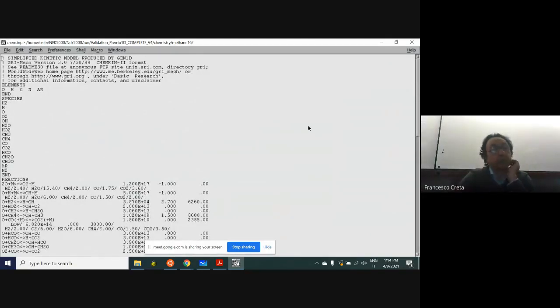So this is a typical file for everyone doing numerical combustion, and you probably recognize this. It's a text file that is used in the so-called Chemkin environment. Chemkin is a set of programs that were released long ago, and then they were modified.